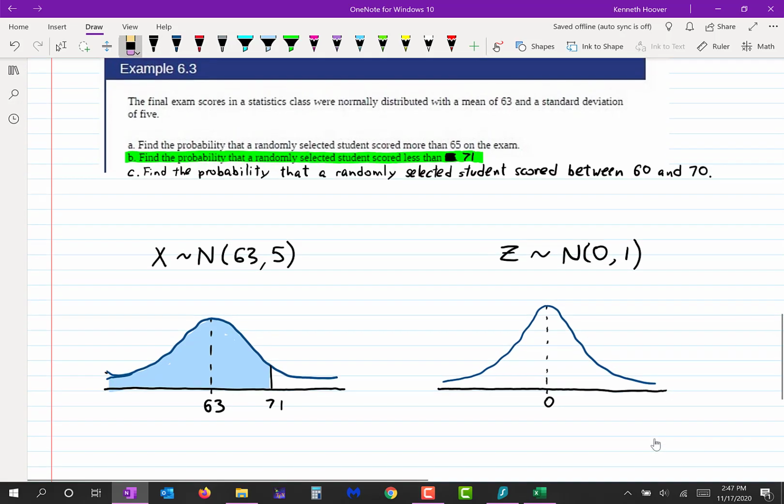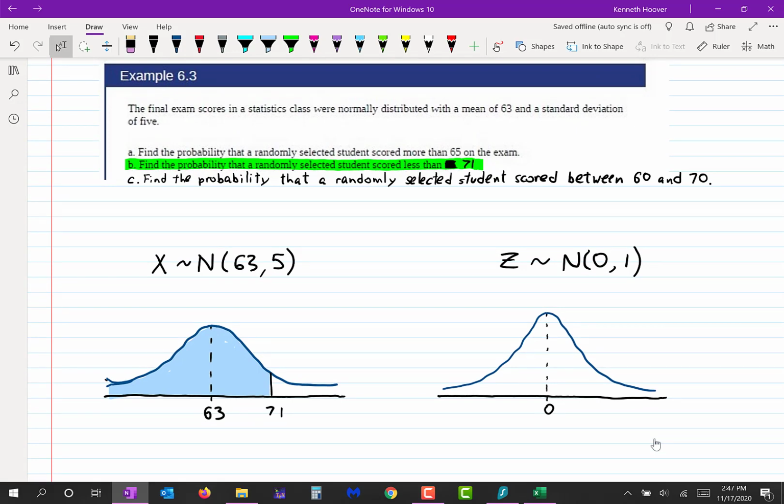Here's the trick. There is a place in the standard normal distribution where this area to the left, right there, will equal the area we're looking for.